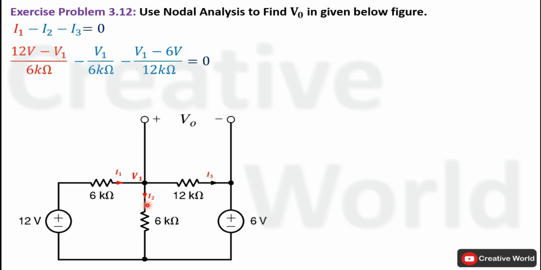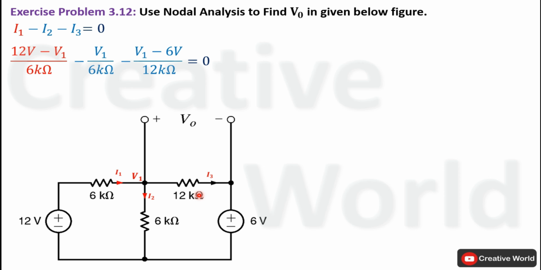Current I2 will be equal to V1 divided by 6 kilo ohm. Similar case will be applied here. This resistance is connected between two voltage levels. One is voltage source of 6 volt and other one is node voltage V1. So the difference of these two voltage levels will be equal to voltage across this resistance, and this voltage difference divided by the value of resistance will be equal to current I3.